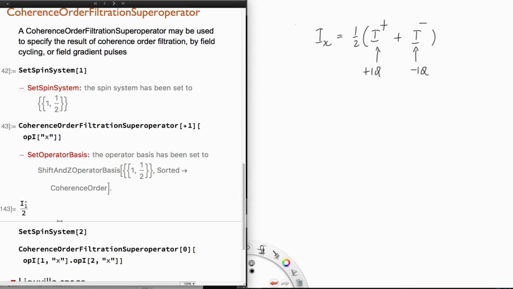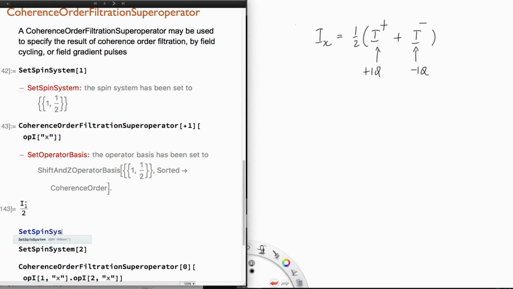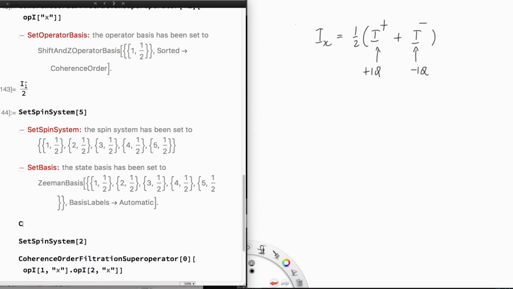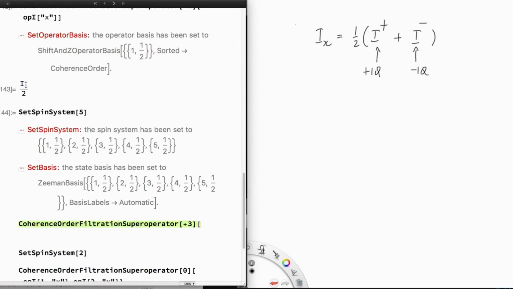But suppose, for example, that we have a 5-spin-a-half system. And we're interested in the +3 quantum part of an operator I1x, I2y, I3z, I4x, or something like that.